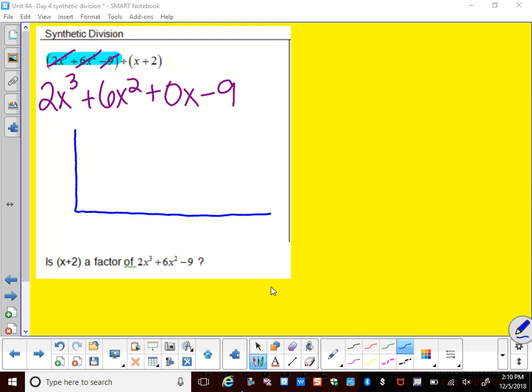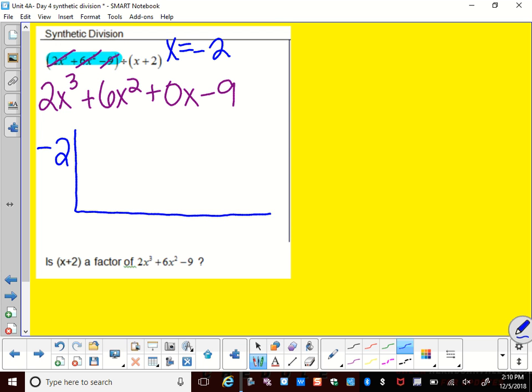Alright, what we're going to do is whatever our factor is, this is really x equals what? What's the opposite of +2? -2. So if it's a factor, we have to take the opposite. That comes right outside the L. Write it down.